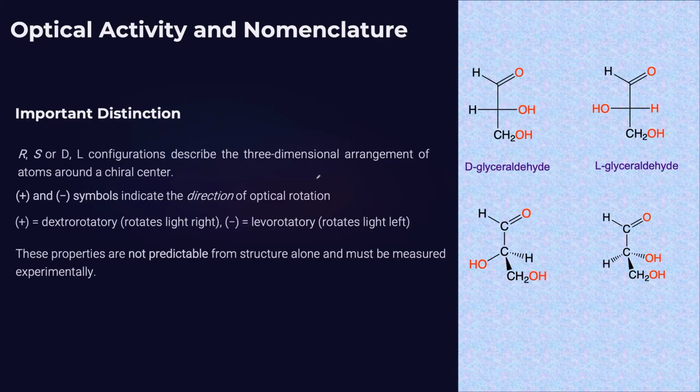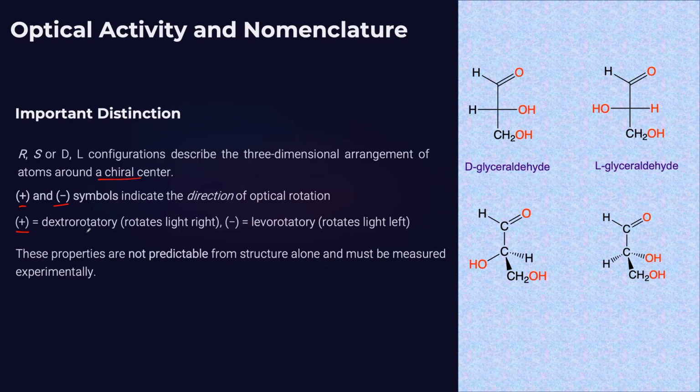However, it's important to note that R and S or D and L configuration describe only the three-dimensional arrangement of atoms around a chiral center. But it does not say the direction of optical rotation. For that, modern symbols use plus and minus.